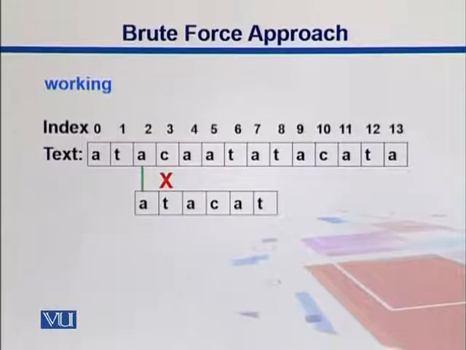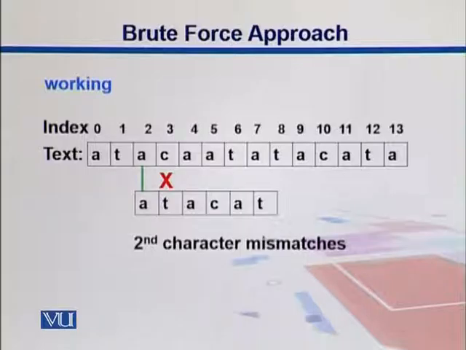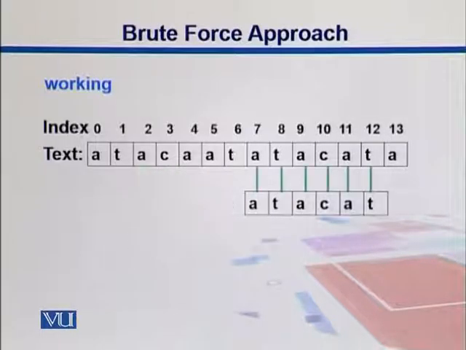Then we see that the 3rd character again mismatches. The 2nd in the pattern and the 4th in the text, so the 2nd character mismatches. We keep on doing that and keep on moving the pattern 1 nucleotide ahead. In the end, we have found the exact pattern match.